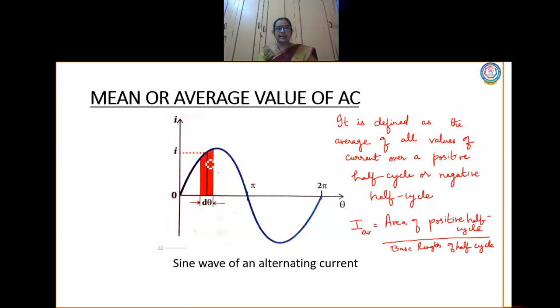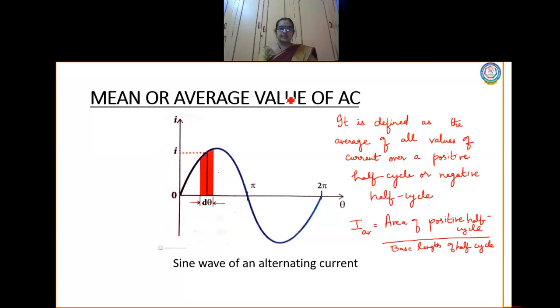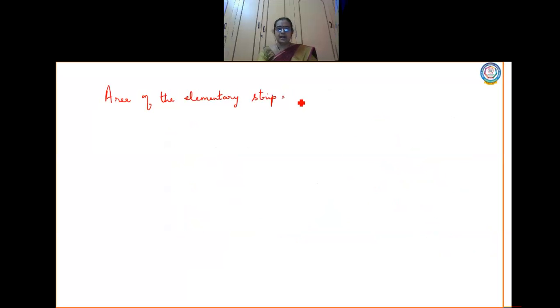The current at any point, where the maximum current is Im, but at the point I have taken, is I. So what will be my area there? The area of the elementary strip: here it is d theta, here it is I. So the area will be I into d theta.